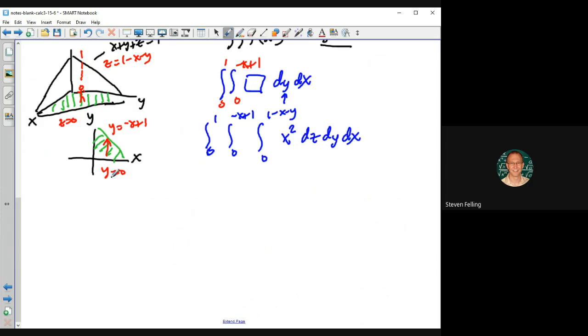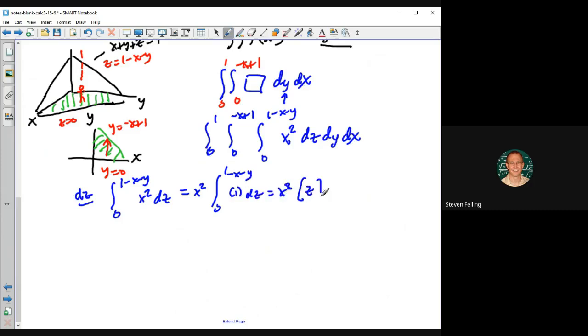So we'll start with the z one. That's the integral from 0 to 1 minus x minus y of x squared dz. While we're dealing with z, x is considered a constant, so it comes outside of the integral. And we're just integrating 1 dz. So we have x squared times z from 0 to 1 minus x minus y.